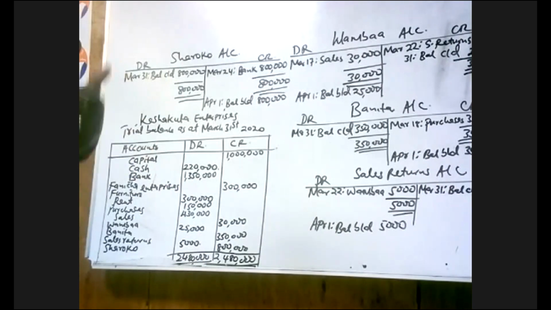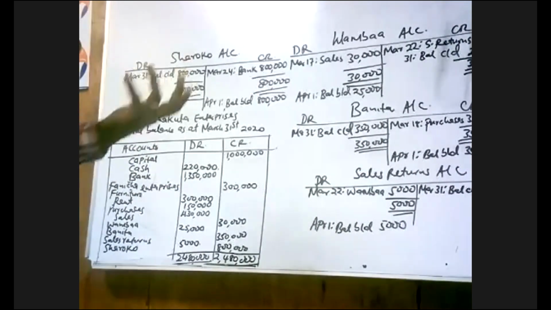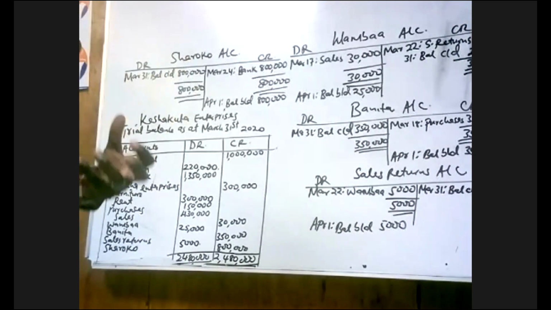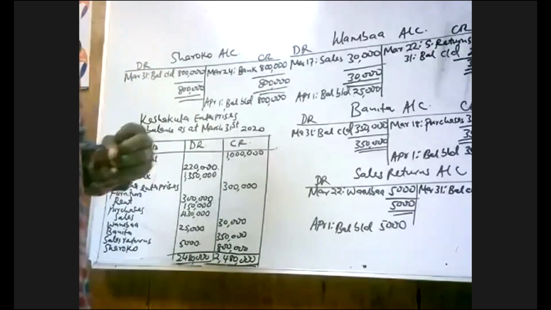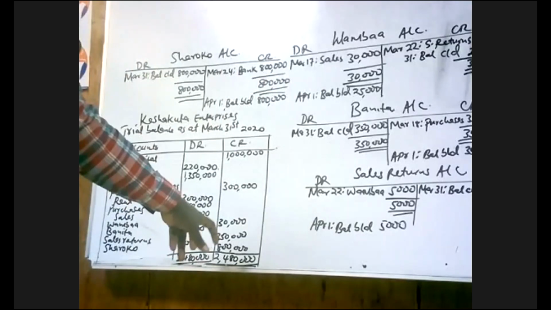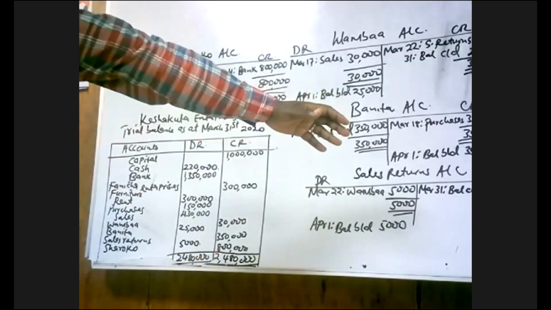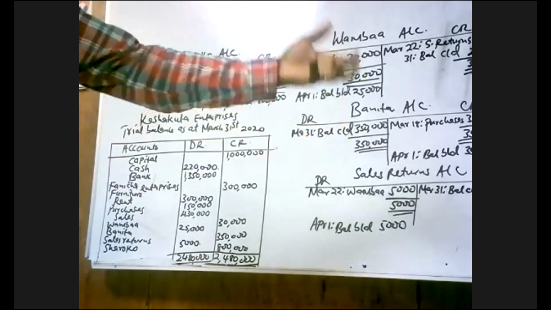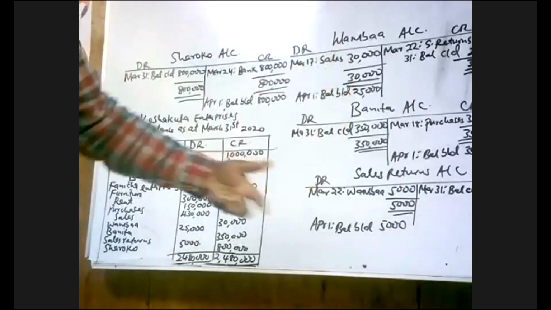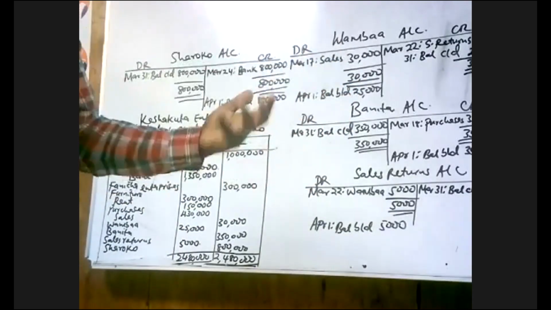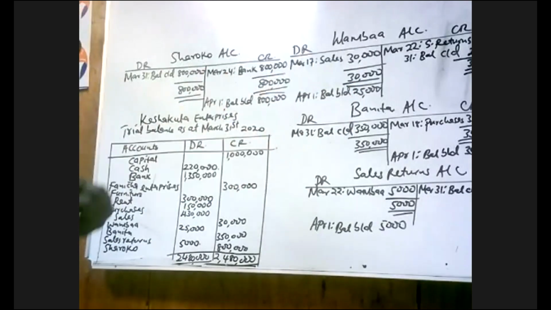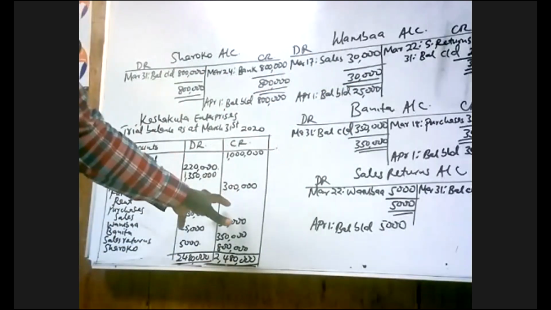But if you have made a mistake or two which do not affect the two sides equally, then your trial balance will not balance. Either you made an arithmetic error, or instead of double entry you did a single entry, or you debited and credited different amounts, or your addition and subtraction was incorrect.